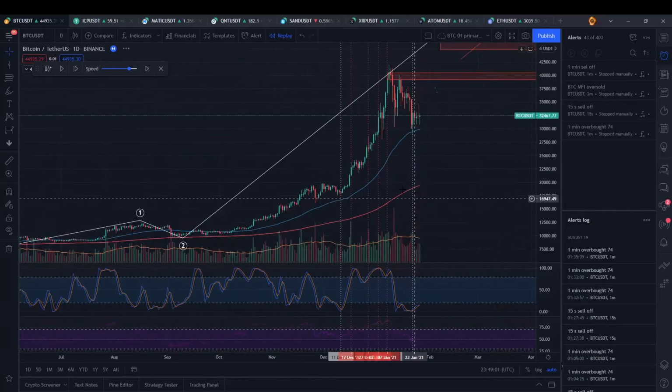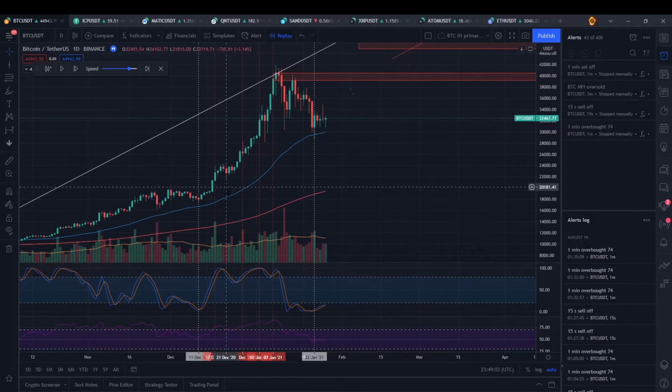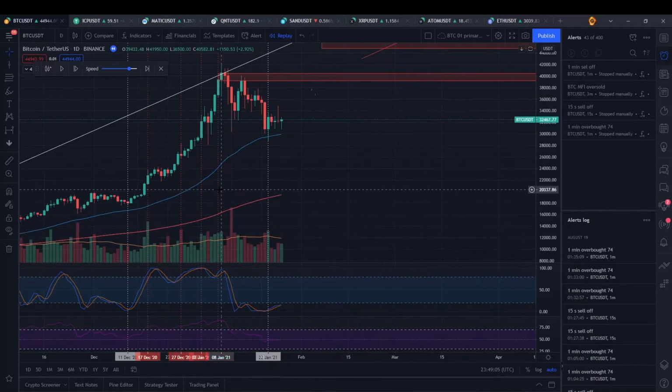When you go to the daily, what you see is at the areas when we are overbought, even if you go back and forth, this is where we make our biggest moves. So here, for example, this candle, the one before it, the one after it, this is a large move. Here the same large move. Here was probably a transitional move or whatever. Here was a large move.